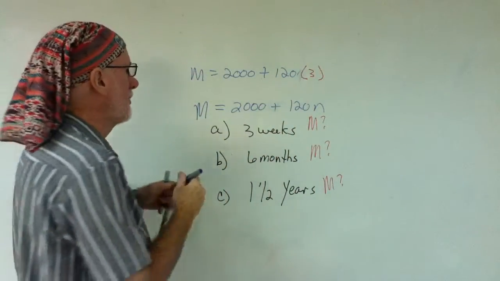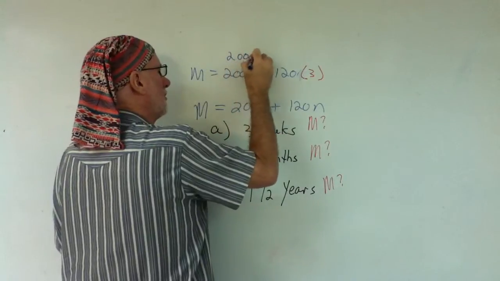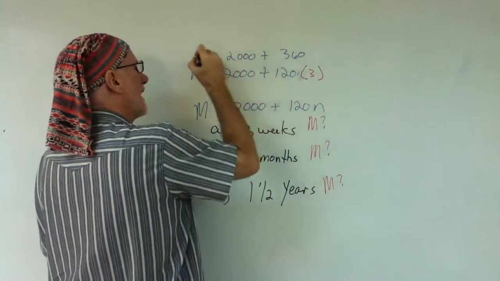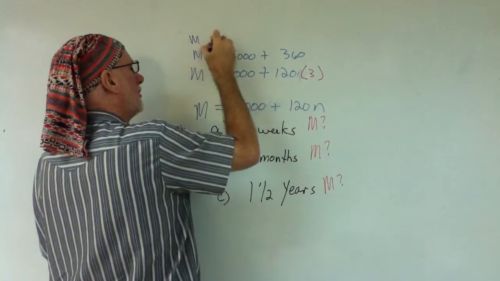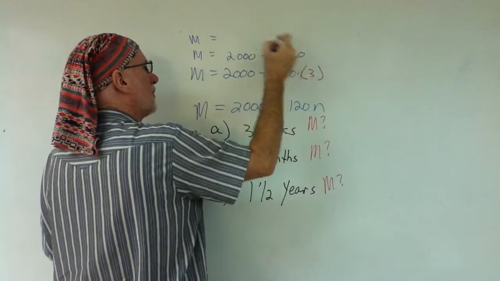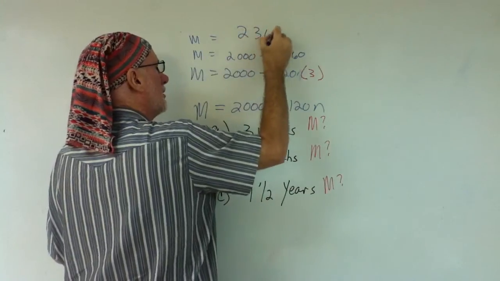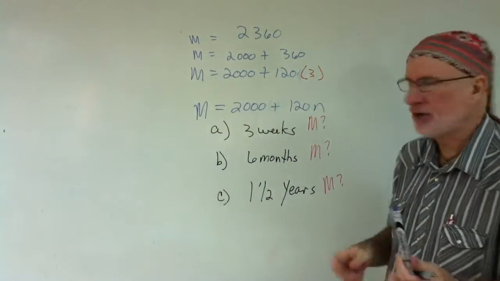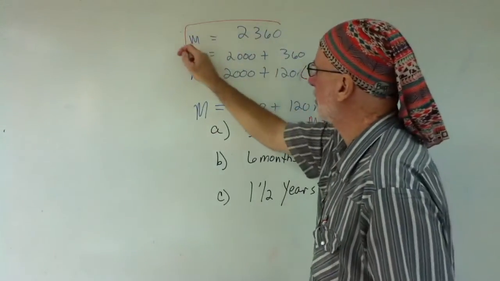So what's that going to be? 2,000 plus 360. So what's the answer? What's 2,000 plus 360? 2,360. So is that the final answer? Yes. That's the final answer.